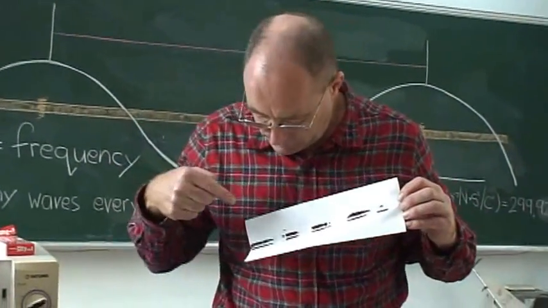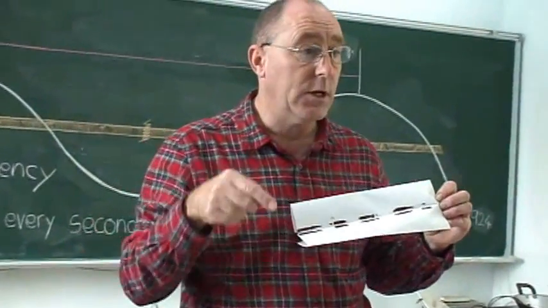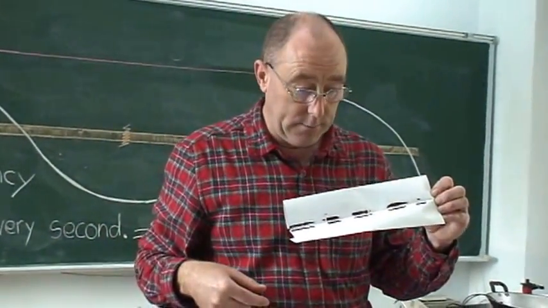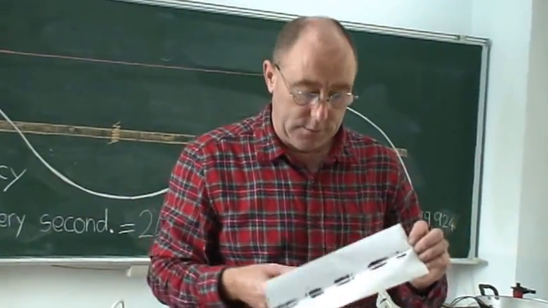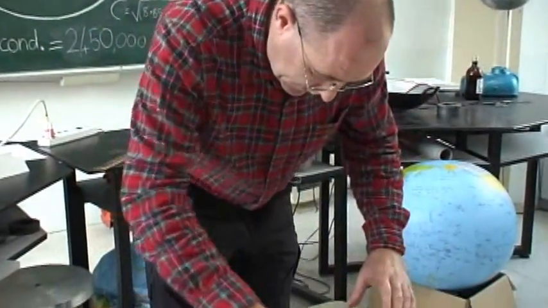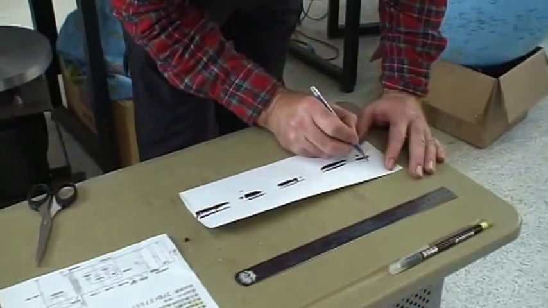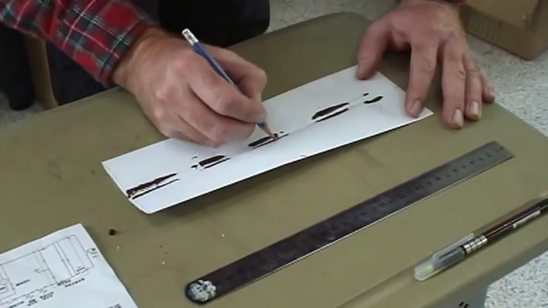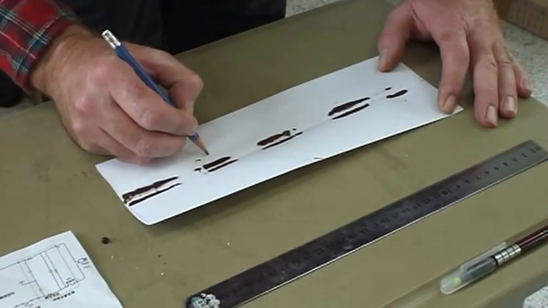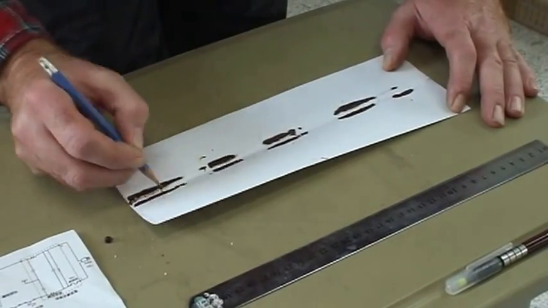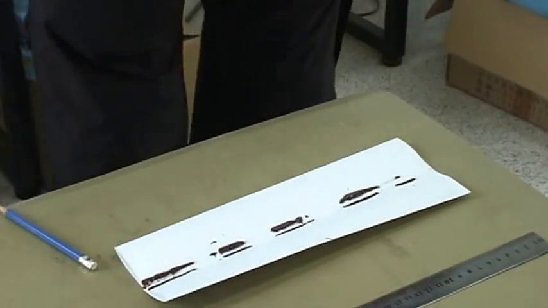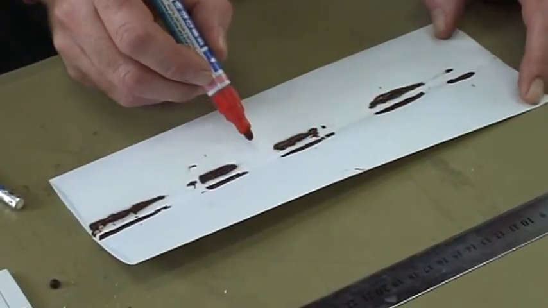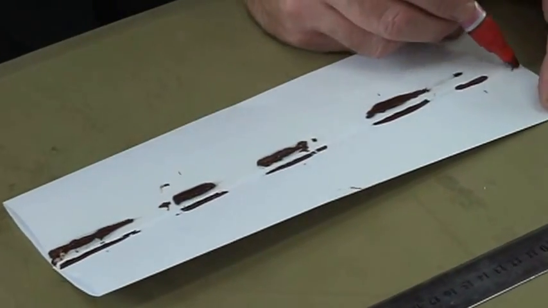The top and bottom of the wave. So now I'm going to draw the wave so you can see what the wave would look like if you could see microwaves. Now, let's see if we can get this top. I'm going to choose the middle of the chocolate mark, and try and draw this wave.